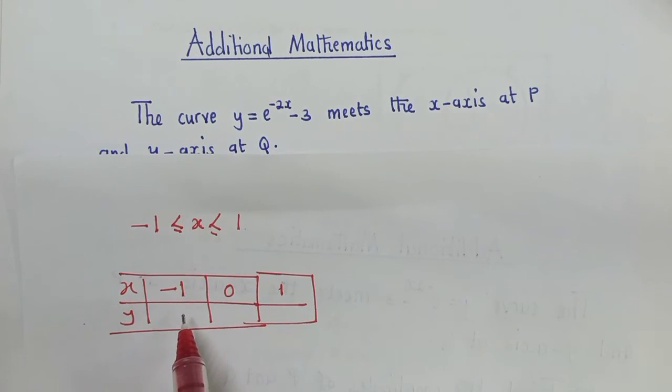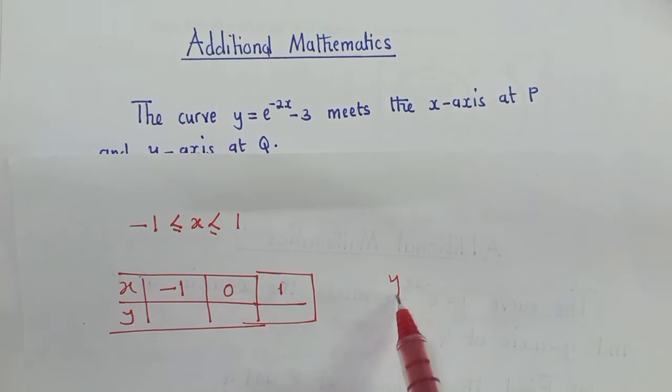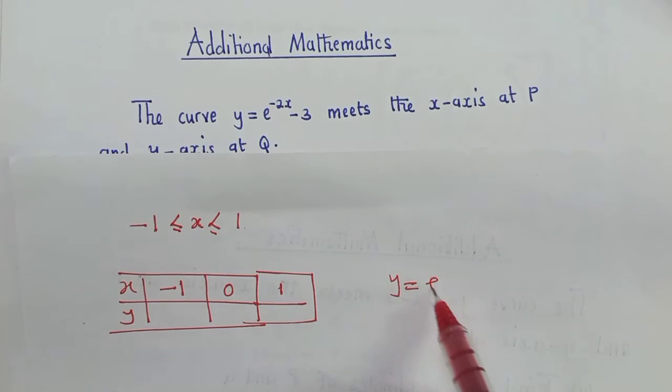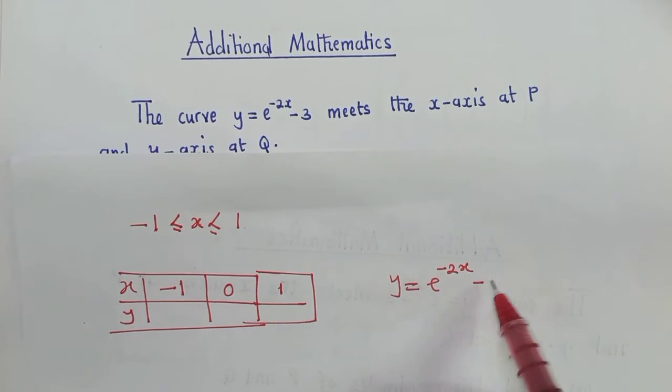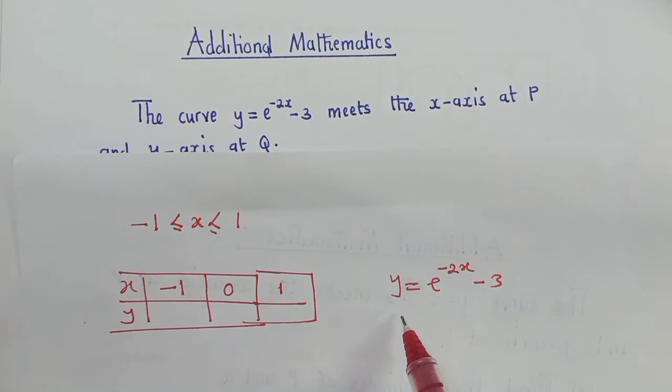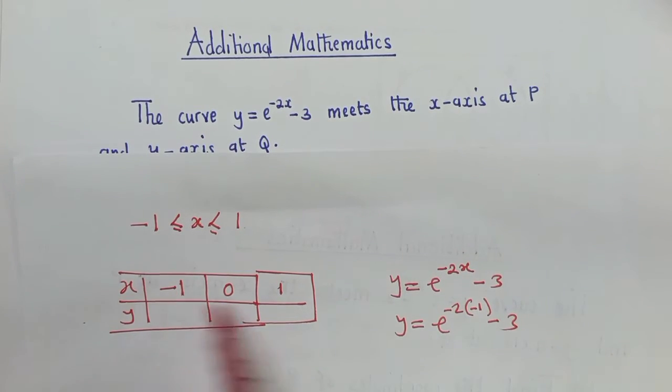Okay? So now we start punching on our calculator. We get this function, y is equal to e power negative 2x minus 3. And we put negative 1 right here, where x is, so that we find the y value.